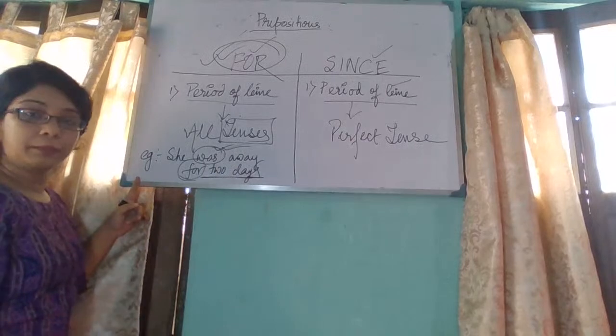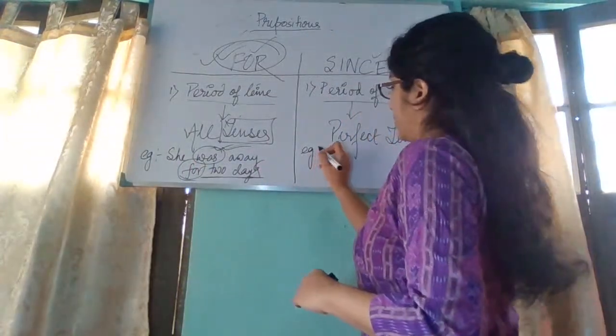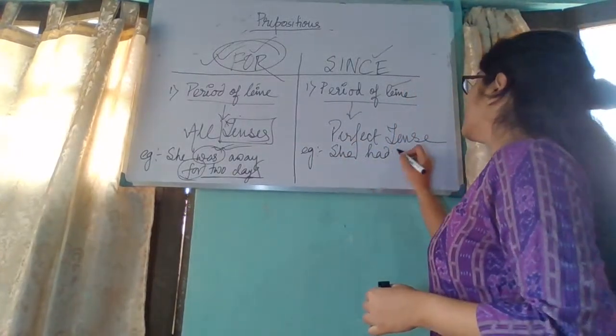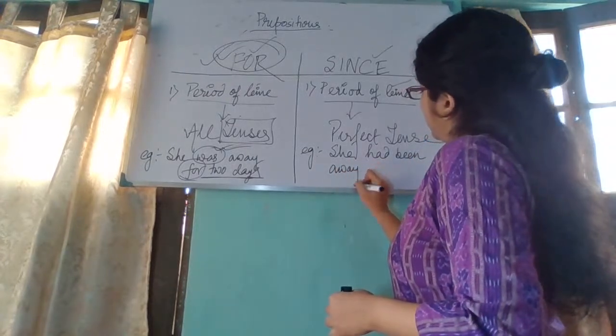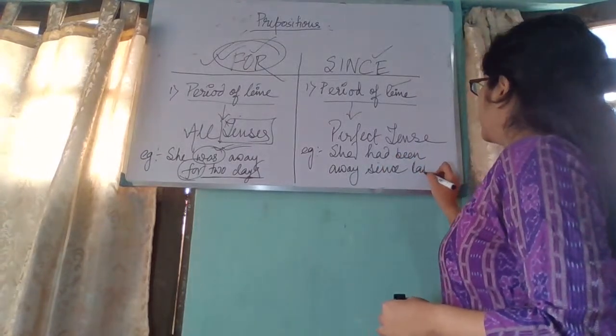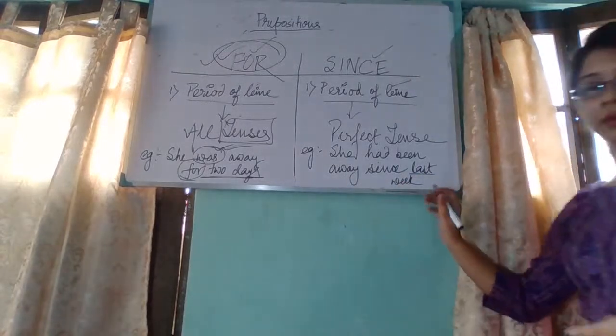We are using simple past there, but we will say she had been away since last week. Again, we are referring to a period of time.